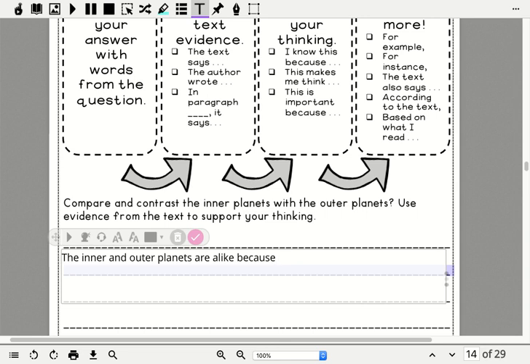So now I'm coming back into my story, and I'm looking. It says these objects all travel around a star, are alike because they all travel around a star. Okay, so now I'm going to use some of my text evidence up here. Okay, in paragraph 1, it says, okay, and now I'm gonna go and I'm gonna find that.